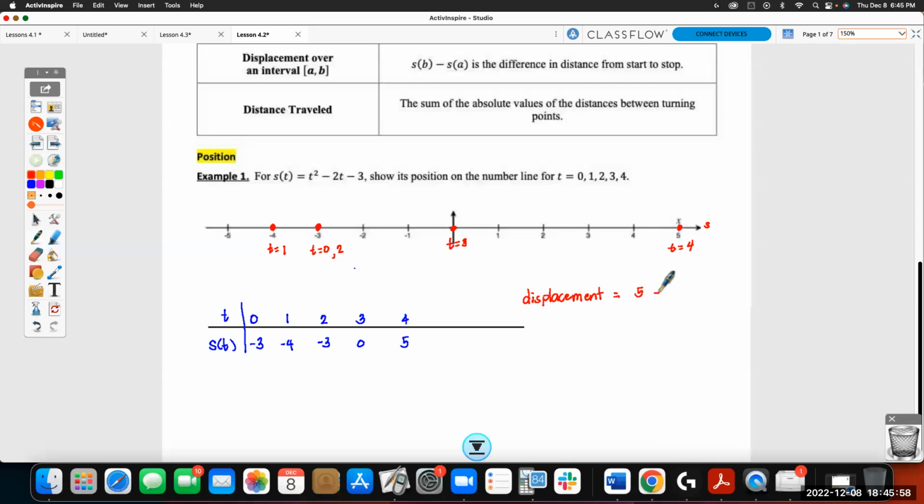Your initial position is at -3. So you have 5 minus -3, that is equal to 8. So that's the distance between this point and that point. That's 8 units.